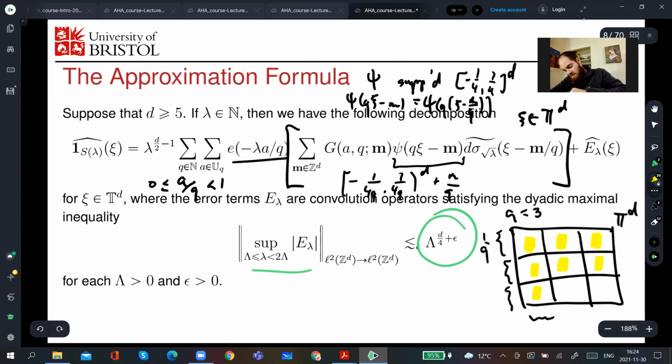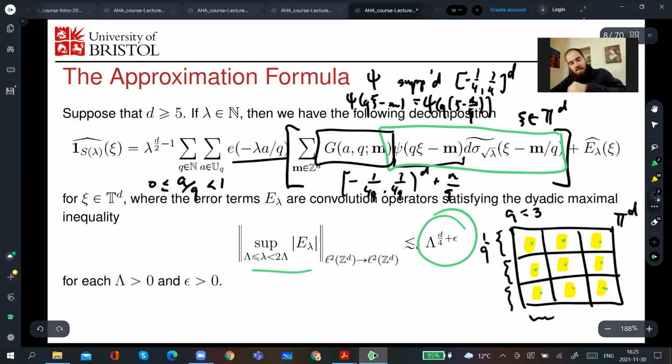So there's no interaction between these boxes, right? And on each one of those boxes, I have this term acting on every single one of them. But this other term right here, these Gauss sums, are going to weight them differently, depending on Q and depending on the point M over Q. Great.